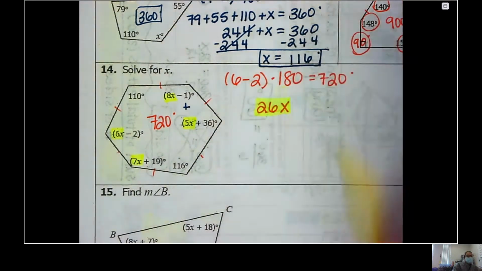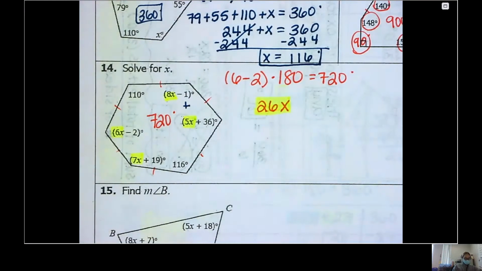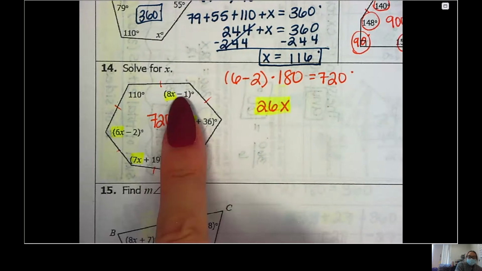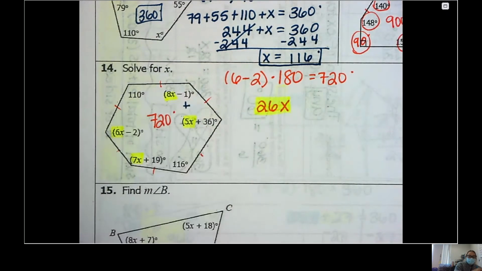Okay, you added all your x's. Now what do you have to put together? All of the numbers. Yeah, all of the constants. So when you do this, you're going to be very careful because some of them have negative signs. So let's do all the positive ones first.